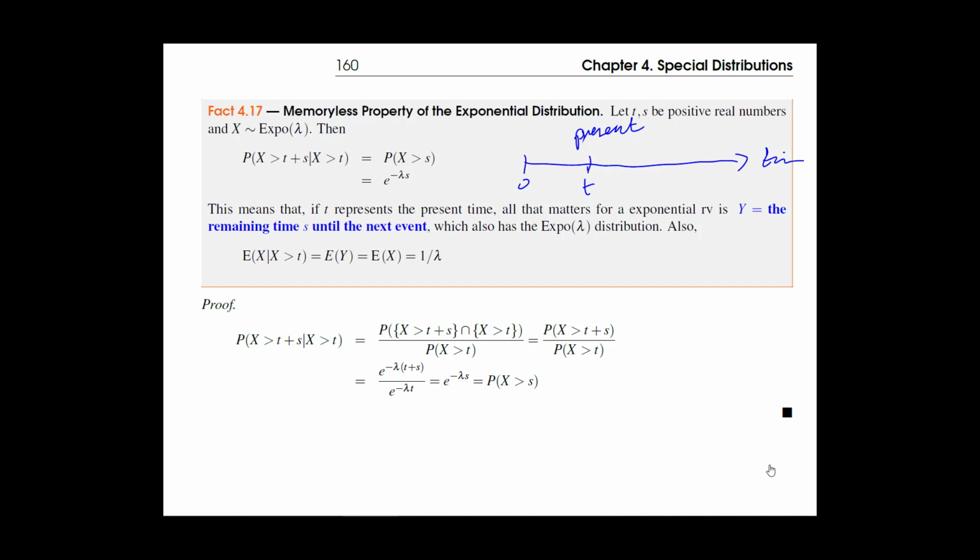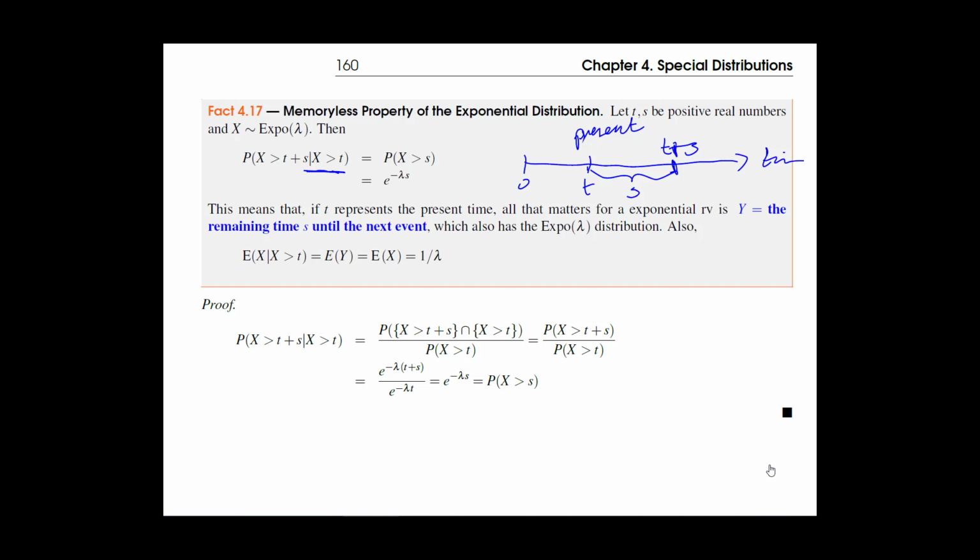So you know that the time of the first earthquake is going to be after t, so that's the condition. And you're asking, what is the probability that it happened after t plus s? So s is the remaining time, and that's t plus s.